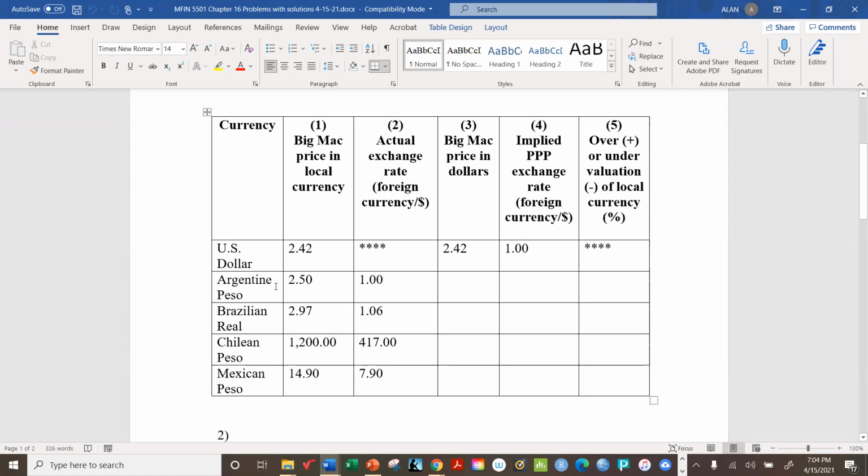So at this point in time, the Argentine peso was actually pegged to the US dollar at a rate of 1-to-1. So each Argentine peso can buy $1. It takes 1.06 Brazilian reals to buy a single US dollar, 417 Chilean pesos to buy $1, and finally 7.9 Mexican pesos to buy $1.